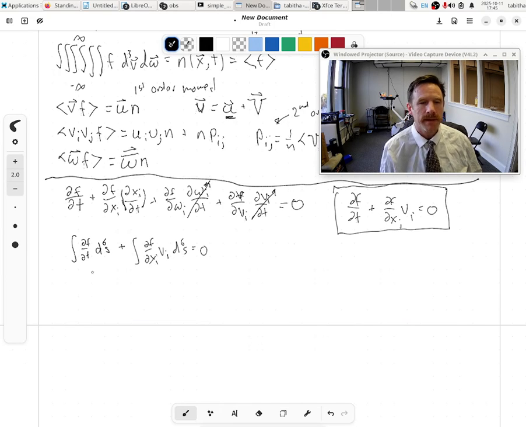And let's go ahead and write these integrals in terms of our quantities. Because we have a nice smooth integral, we can go ahead and reverse the order of these operators, giving us this. And because, let's do an aside over here, this term here is actually equal to the derivative with respect to xi of f times vi.